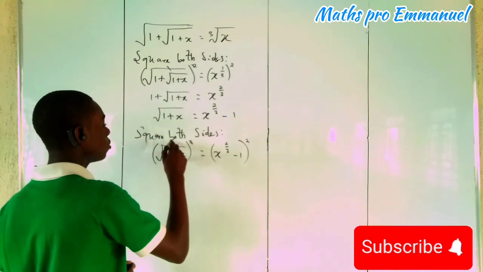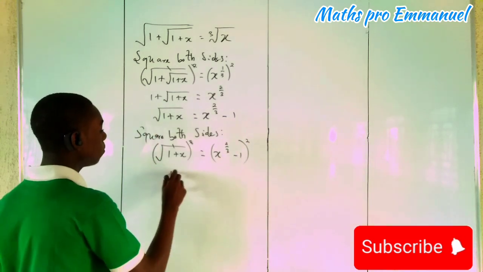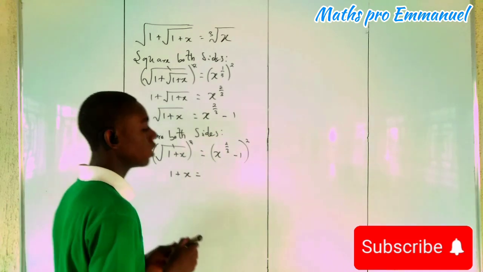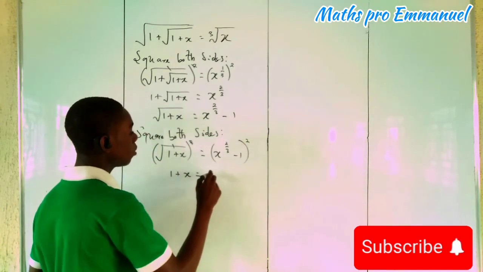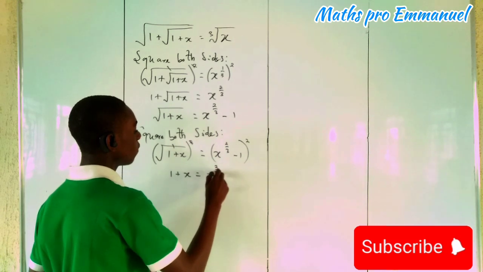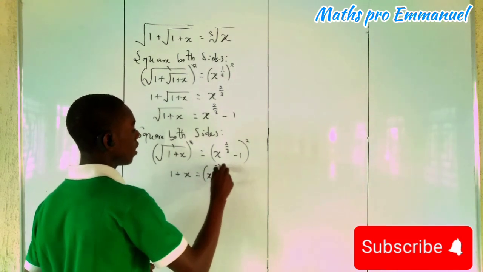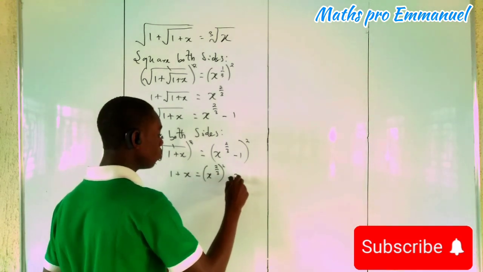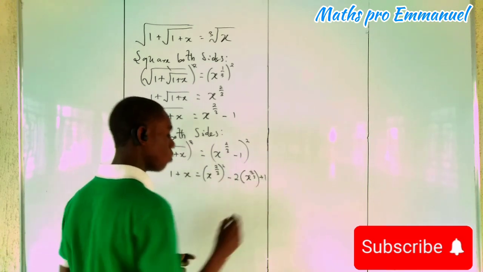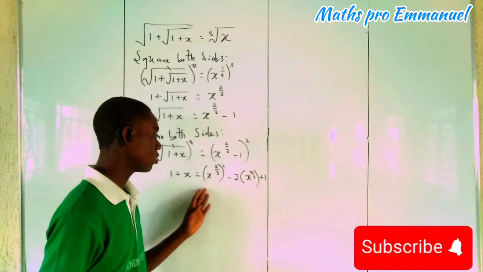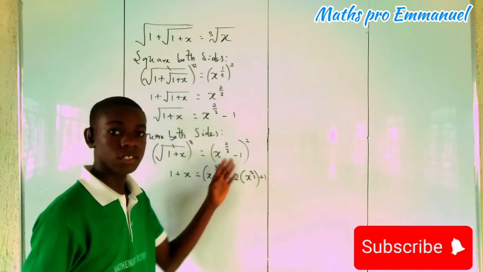Now the square can also cancel the square root, and I'll be left with 1 plus x equal to, now in squaring this, please pay attention. Here I'll have x raised to the power of 2 over 3, all squared, minus 2 into x raised to the power of 2 over 3, plus 1. That's the result you get by squaring this.